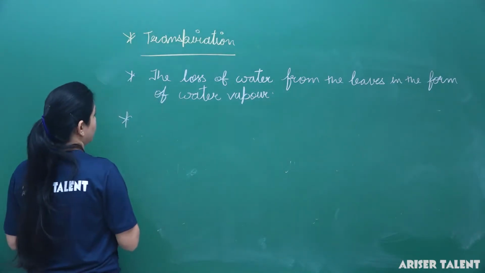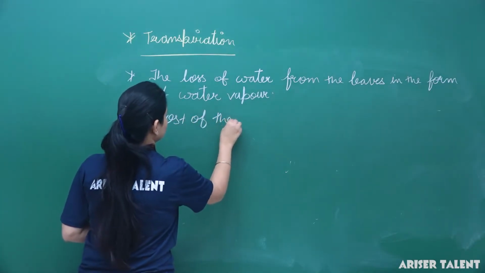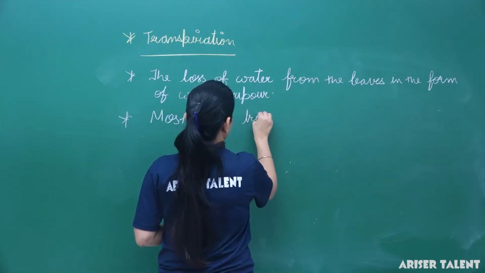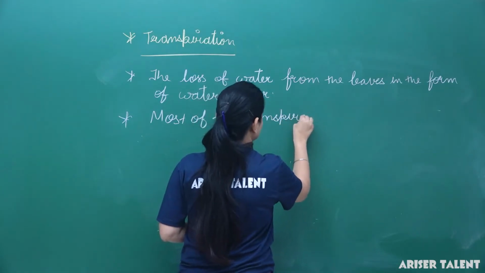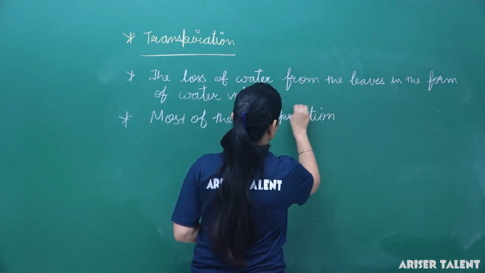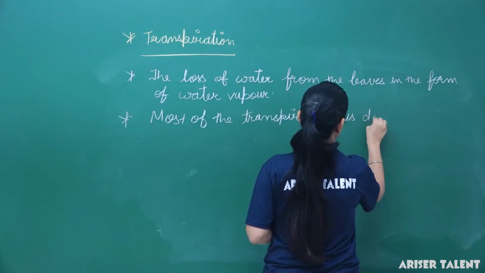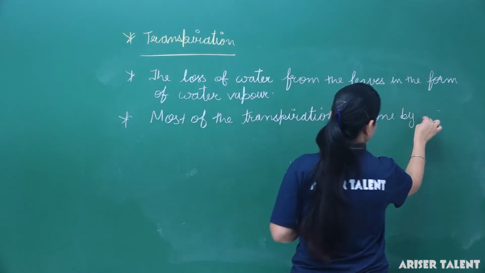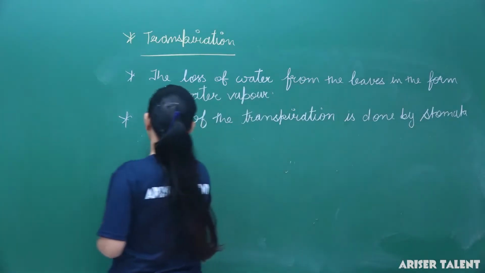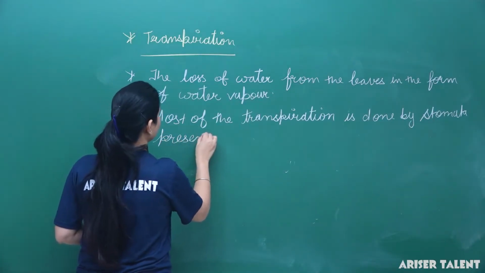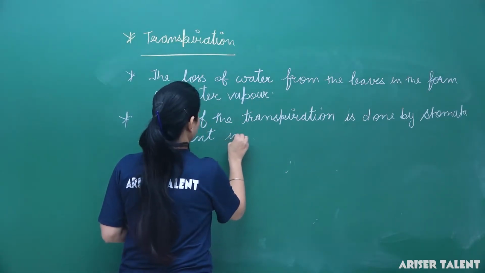Let me mention: most of the process of transpiration takes place or is done by stomata present in the leaves, and some part of transpiration is done by the other parts of the plant body.